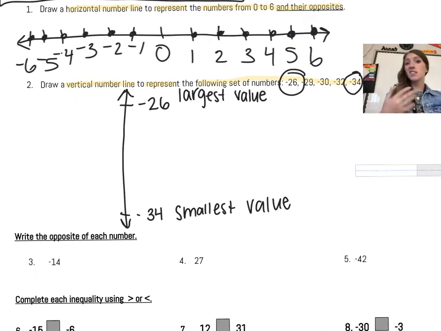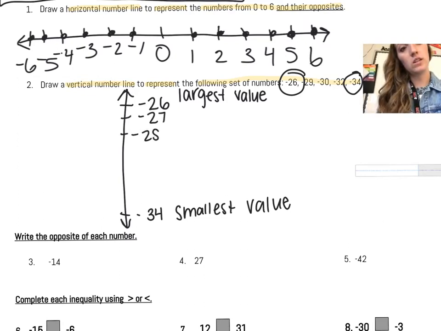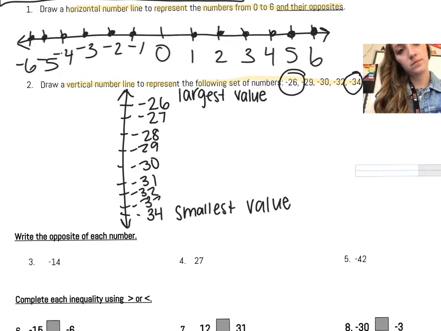Okay, it doesn't tell me what my interval is. It doesn't give me any kind of specific interval for number 2. So I'm going to count by ones and fill in my values in between. So I have negative 27, 28, 29, okay, I have all of my negative values in between there.